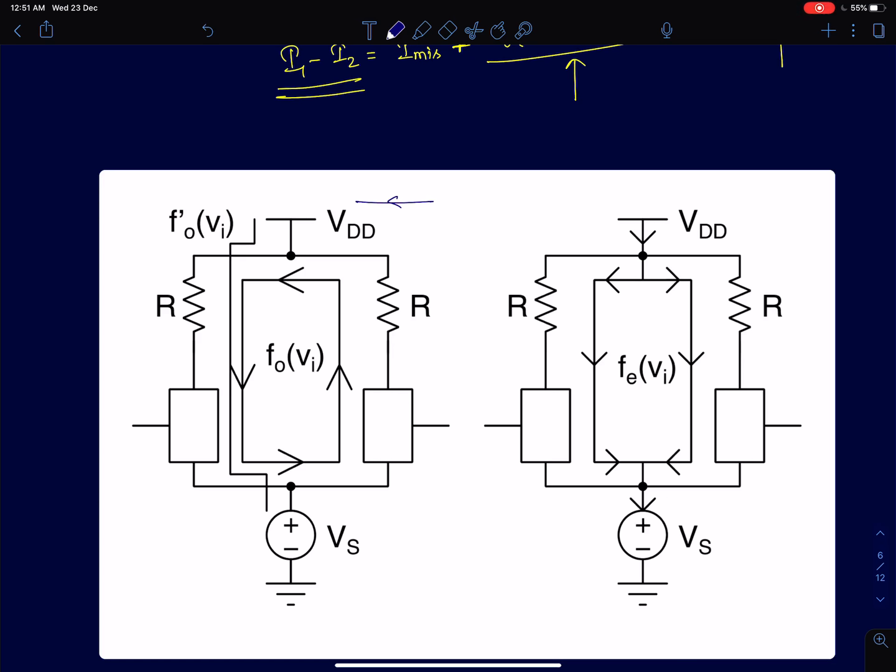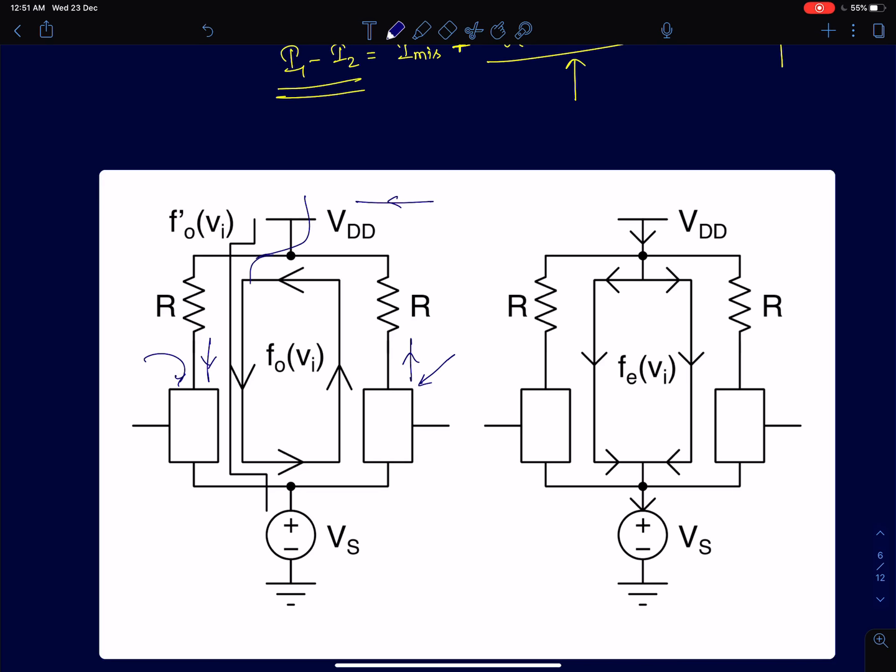That happens because of the following. When I apply an input voltage, the current through this device increases and the current through this device decreases. But as far as the odd harmonics are concerned, the increase in this device does not match the decrease in this device. So there will be some residual error, and that current is going to come from the supply.